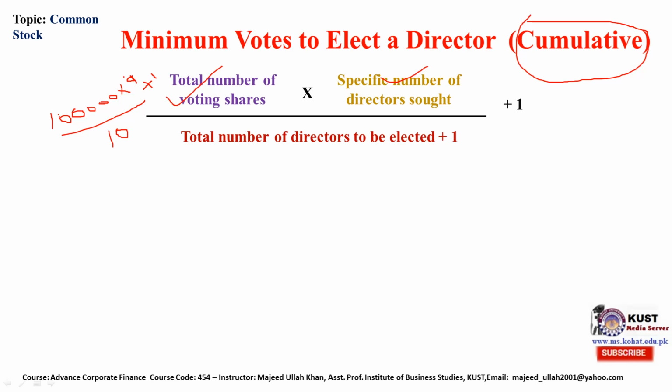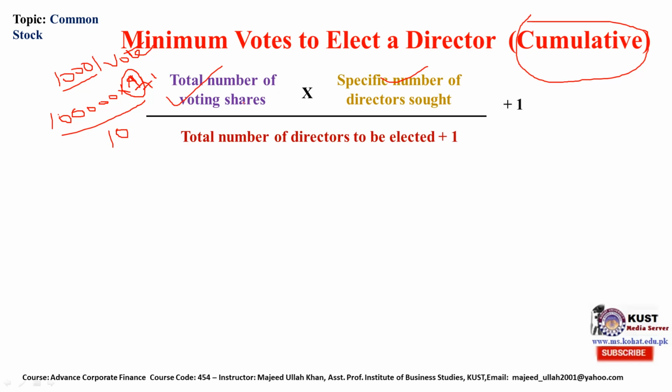Sorry, multiplied by 1 if you want to elect only one director, and you have a candidate that you want to elect. How many votes do you require? 100,000 divided by 10 is equal to 10,000, plus 1, that is 10,001. One more vote will be required to elect one director. That is basically the formula.